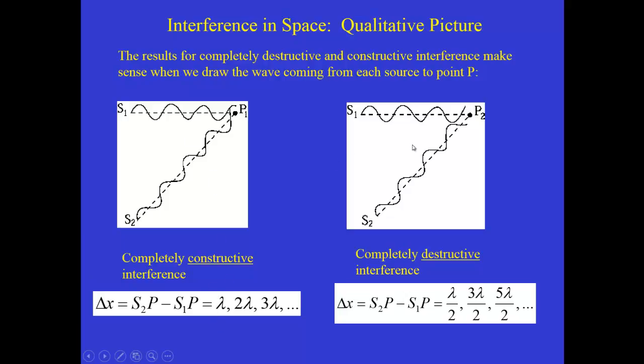Now the case where you have destructive interference, that's where, although the waves again start off in phase when they leave S1 and S2, by the time they get to point P, from S1 the wave has its peak, but from S2 the wave has its trough.